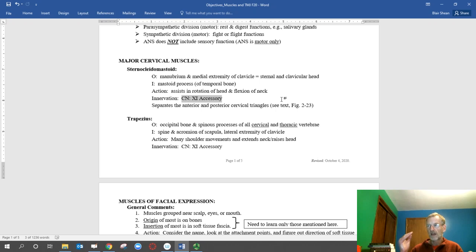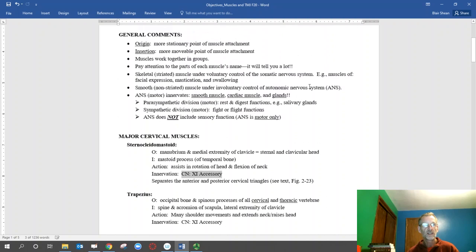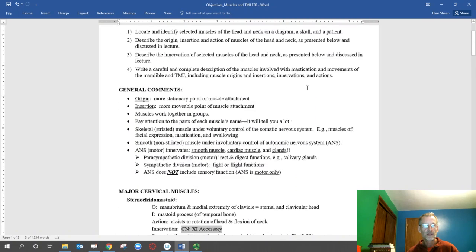This is going to be a somatic motor pathway to the voluntary SCM. So that would be cranial nerve number 11, which is the accessory. And it's the same nerve that does the trapezius. So you want to learn what's in these objective sheets.